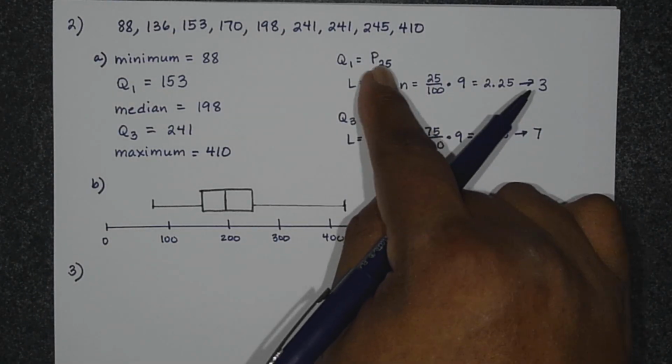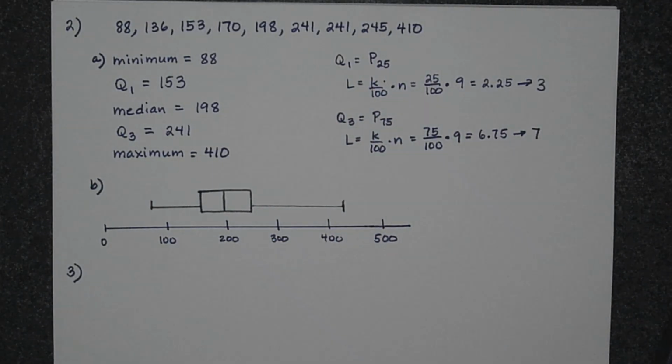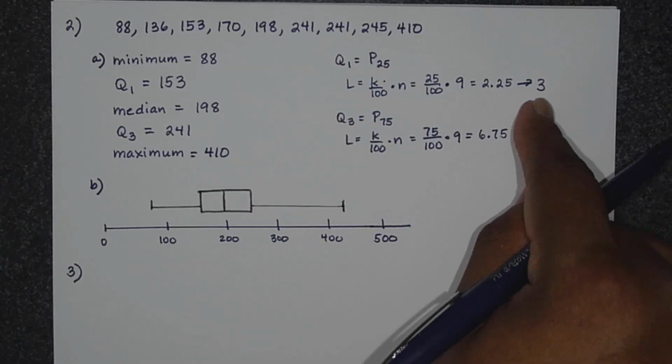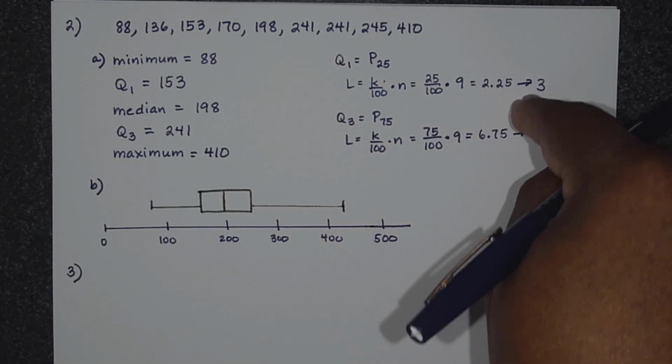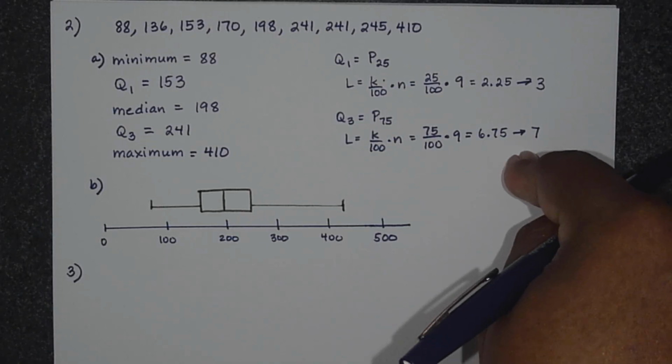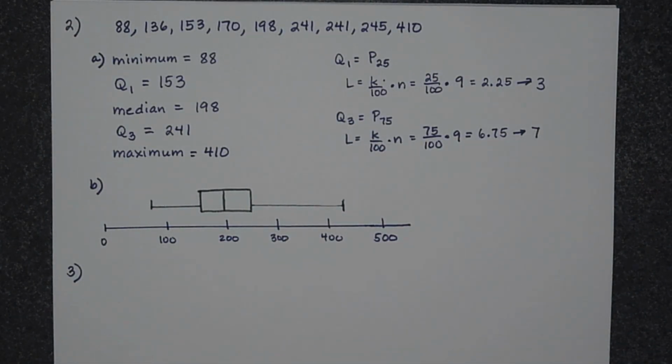Because sometimes it's hard to see what's in the 25th percentile. You have to know where it's located. Because these numbers tell you the position where the number is located as the 25th percentile or the 75th percentile. So you need to try to do that.